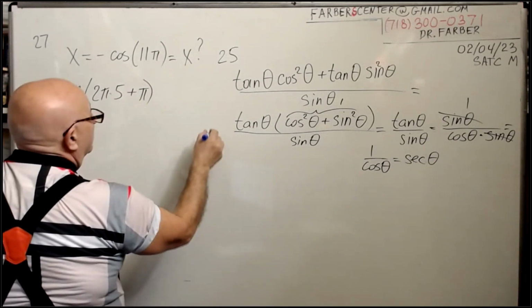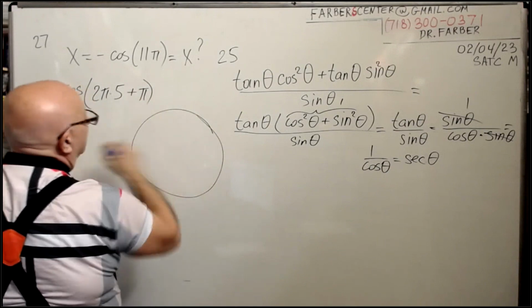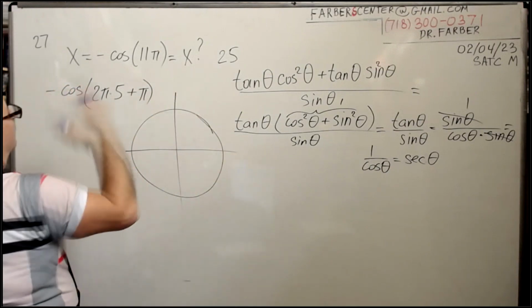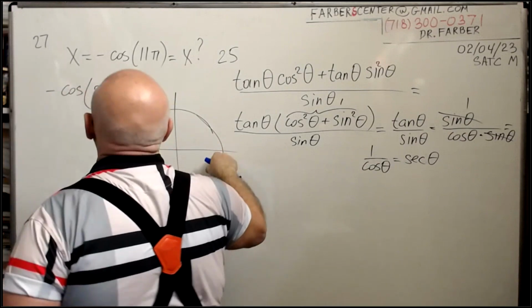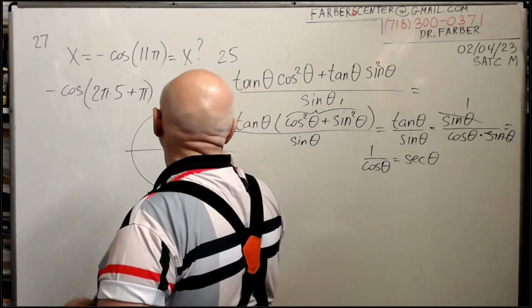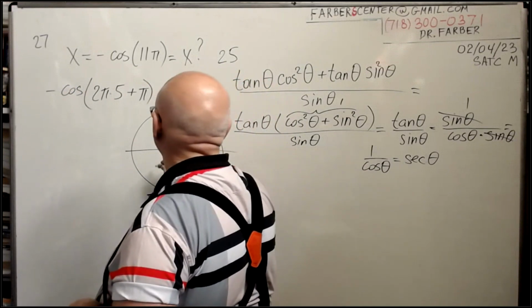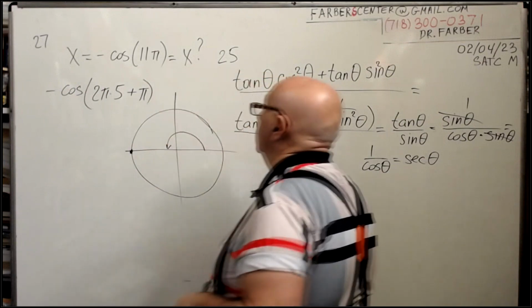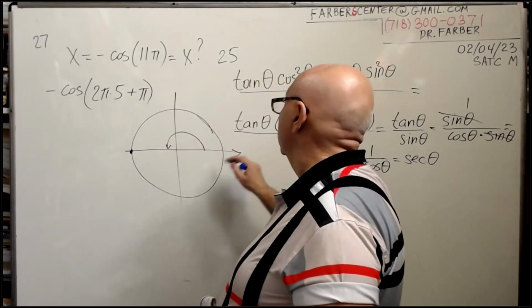If you use a unit circle, doesn't matter how many times you go around, you get to the same point. But when you get pi, it goes counterclockwise to this point. And cosine is the projection to the x-axis.